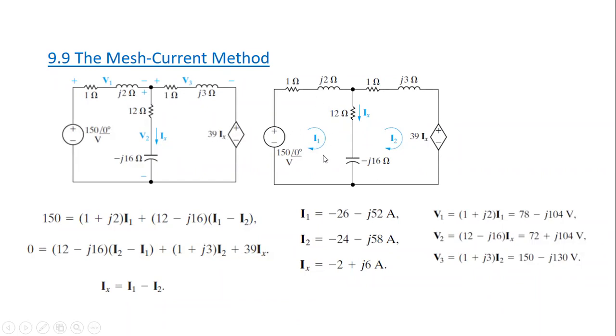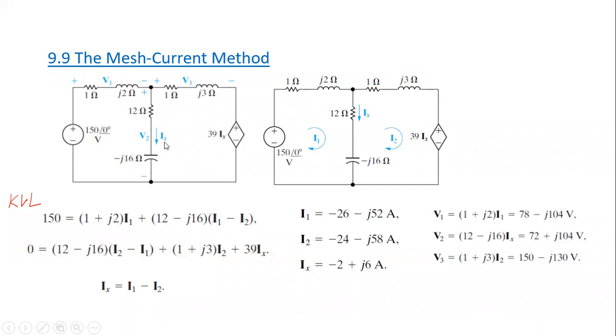After we identify the number of meshes and assign the mesh currents, I1 will flow in this mesh, I2 will flow in this mesh, and we can write KVL for these 2 meshes. As you see here, we have an independent voltage source and a dependent voltage source. And this dependent voltage source is also current controlled, as it was given in the previous example.